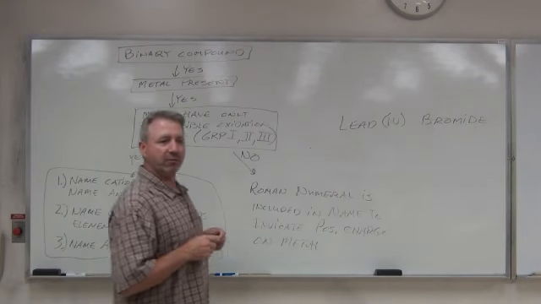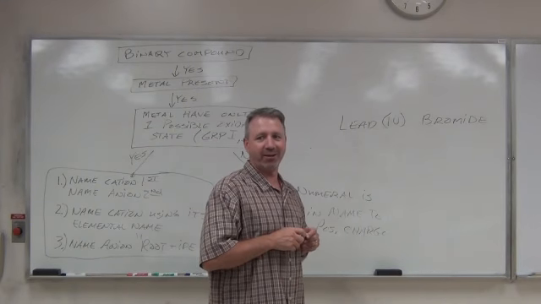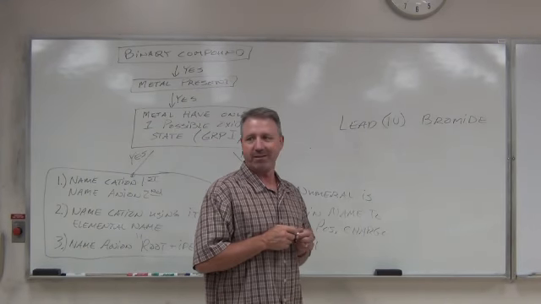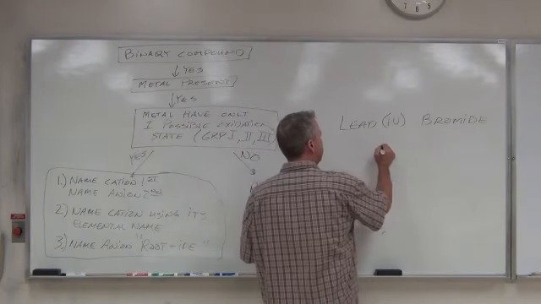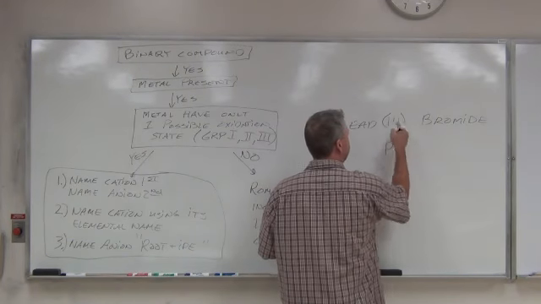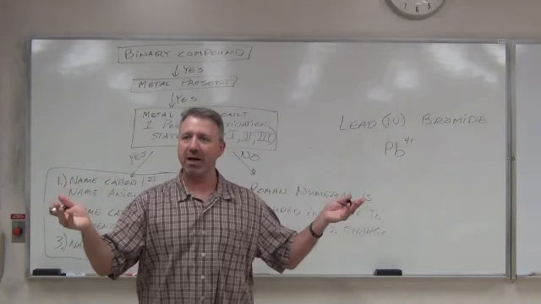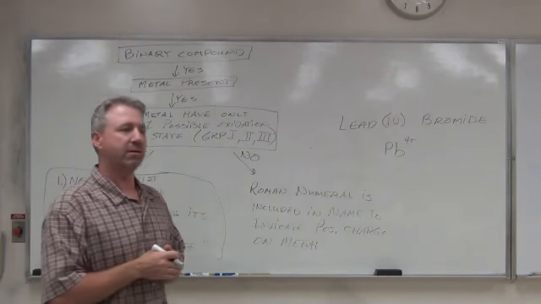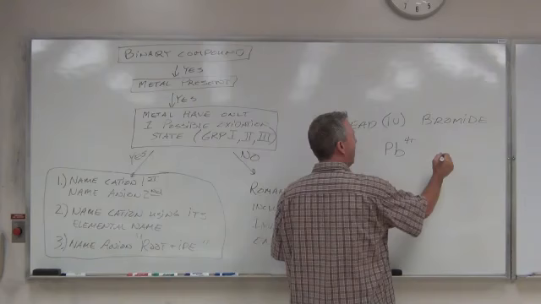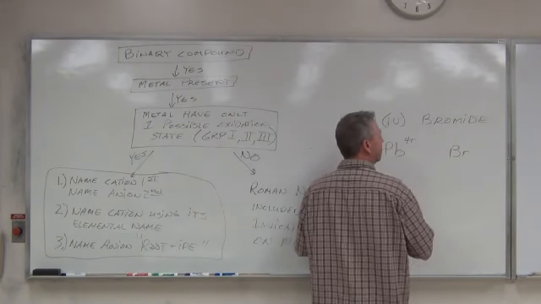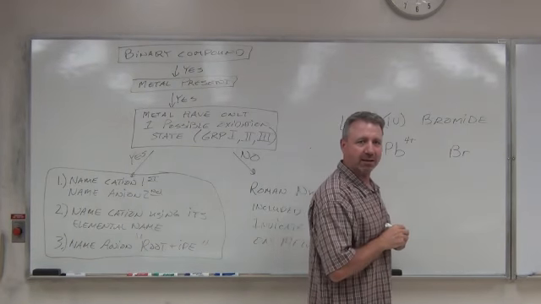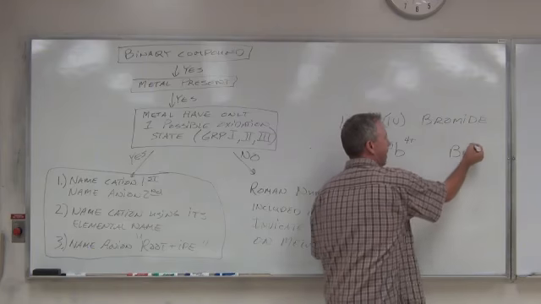what would I do? First of all, you got to know the symbol for lead, don't you? What is it? Pb, very good. Pb, there's the charge. You don't even have to look it up. Gave it to you. Bromide, group 7, right? Wants to be -1, right?